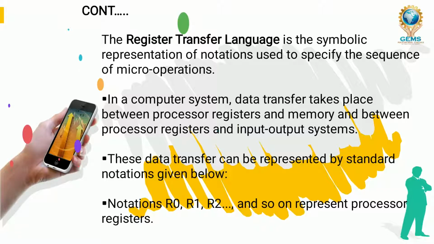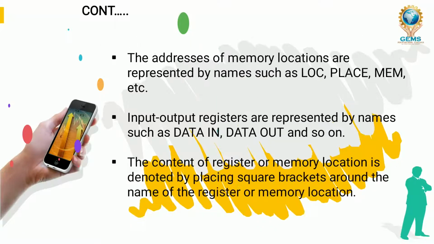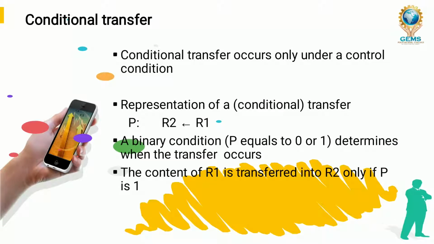If you want to know what the notations are, these are the notations: R0, R1, R2. We'll see some examples. So look here. R1 arrow R2. It means it is simply transferring the data from R1 to R2.